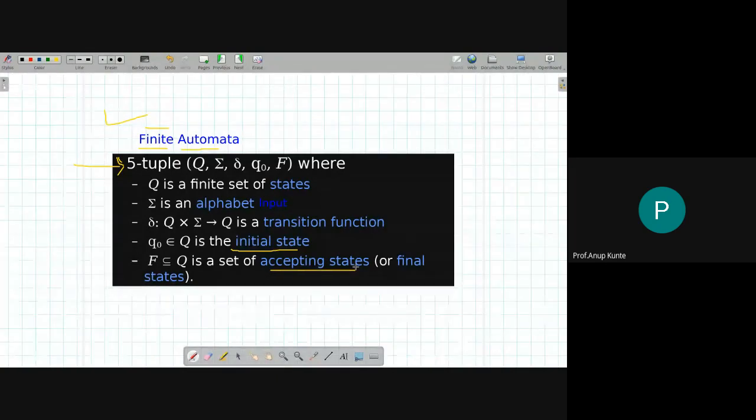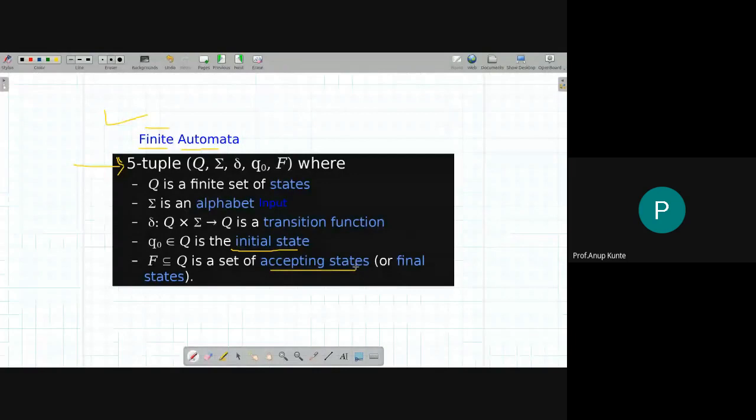The example automata that we looked at, of flipping the switch, had two states. One of the states was marked as final, the double circled one, और जो single circle state था वो non-final था. Okay, and we actually partitioned all the inputs that can be received by our device into two partitions.